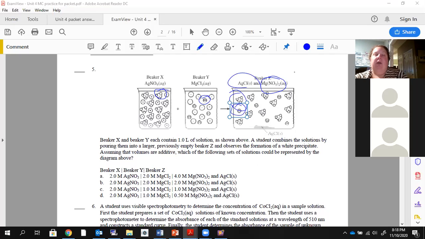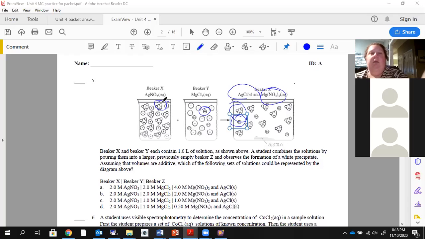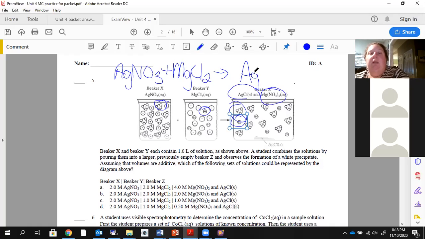I had just the right amount of each chemical to mix together and make this perfectly happen. So if I think about how these would combine, I can think about the balanced chemical equation. If I've got silver nitrate reacting with magnesium chloride, I know it's making AgCl and magnesium nitrate.